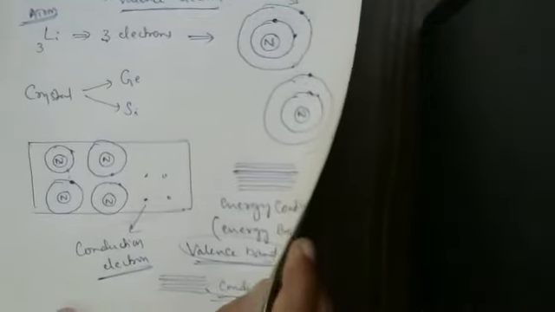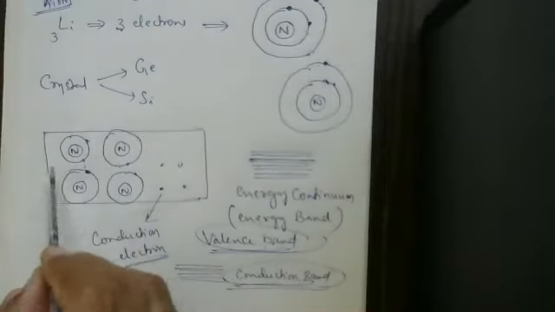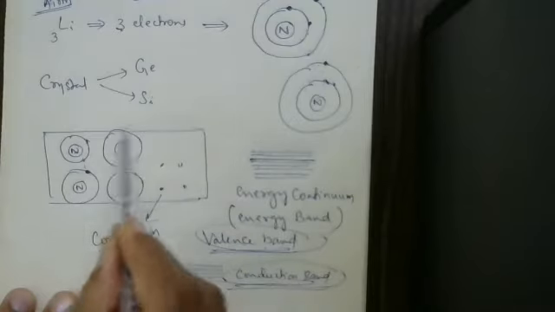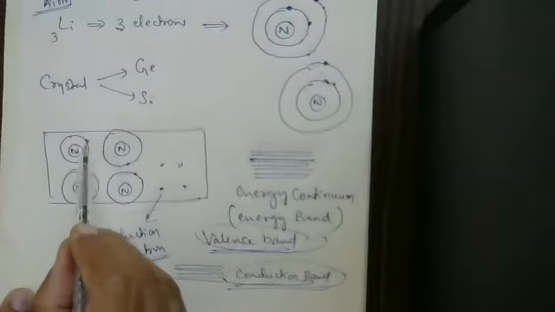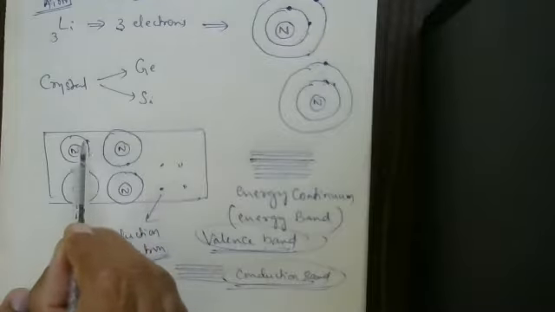Now, let us consider that this is due to the valence electrons only. For example, in a germanium crystal or silicon crystal, the valence electron of one atom and the valence electron of another atom interact with each other.